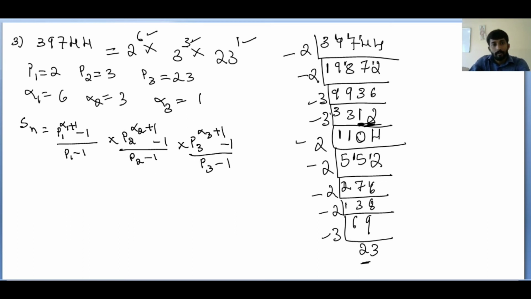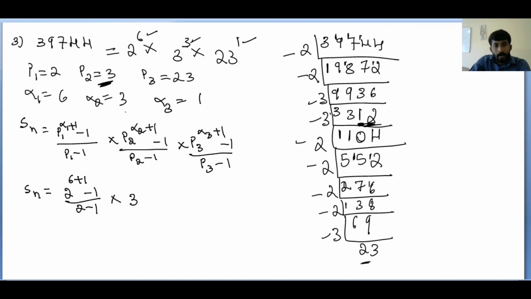Now substitute the values. So Sn is equal to P1, that is 2, to the power alpha 1 is 6 plus 1 minus 1 by 2 minus 1 into what is P2 here? P2 is equal to 3. Substitute here.